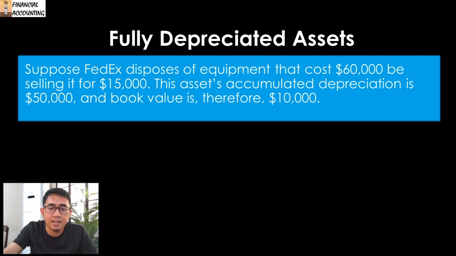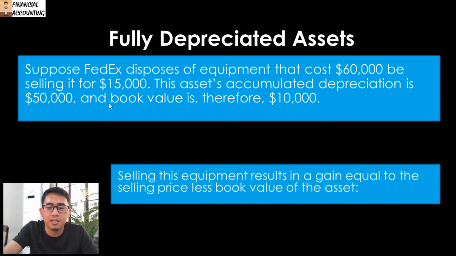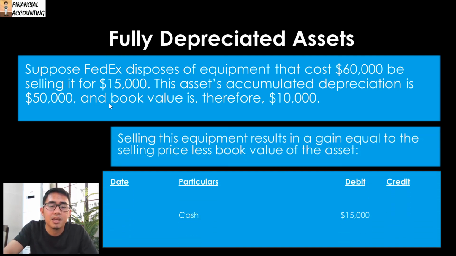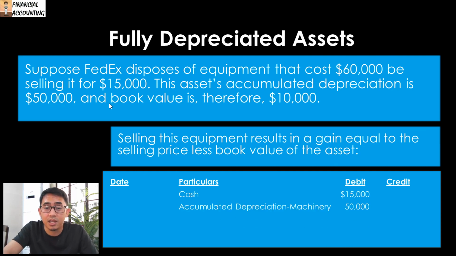So an item with a book value of 10,000 is being sold for 15,000, meaning there is a gain amounting to 5,000 pesos. So our entry to record it in the books is we will debit cash $15,000, we will debit accumulated depreciation, machinery of 50,000. We will credit machinery of 60,000, and we will credit gain on sale of equipment of $5,000.